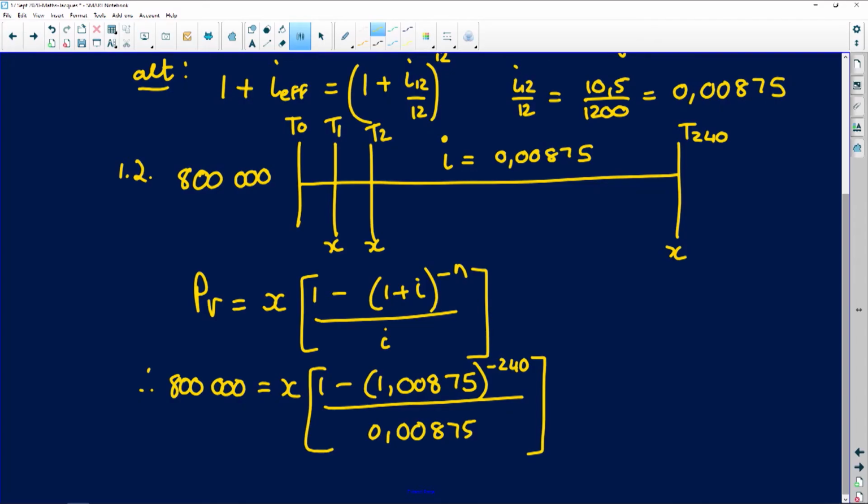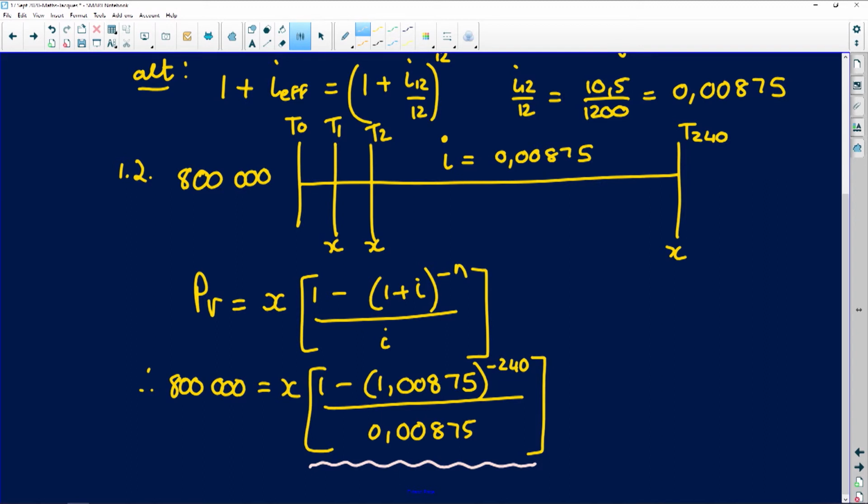Now folks, this is calculator work. You must make sure, whatever calculator you're using, that you do your calculations slowly and accurately so that you do not make a mistake. How I usually do this is I calculate this part, then I invert this part and I multiply it with the 800,000.